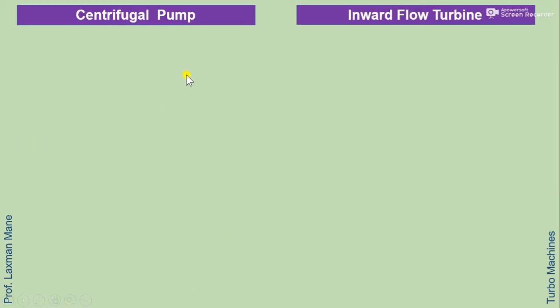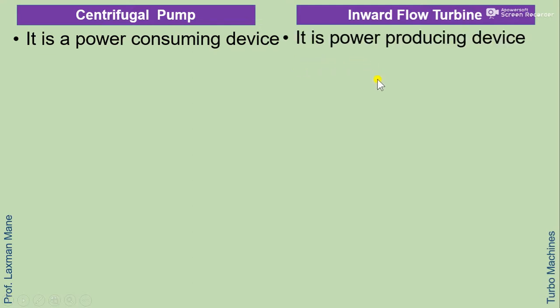Let us discuss the difference between centrifugal pump and inward flow turbine. Centrifugal pump is a power consuming device, while inward flow turbine is a power producing device.